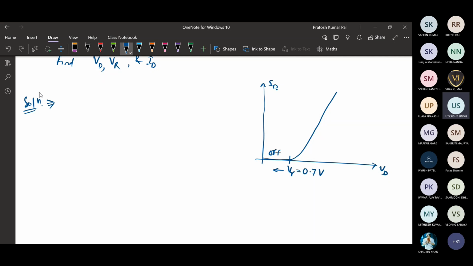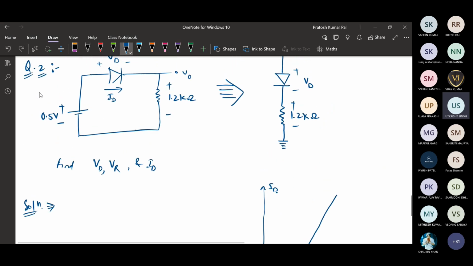When we apply a diode voltage VD, the voltage across the diode, that is greater than 0.7 volt, the diode will be considered on. Here, it is in forward bias, but the diode will not be on because the applied voltage is 0.5 volt only. So it is less than 0.7 volt, the knee voltage of this diode.